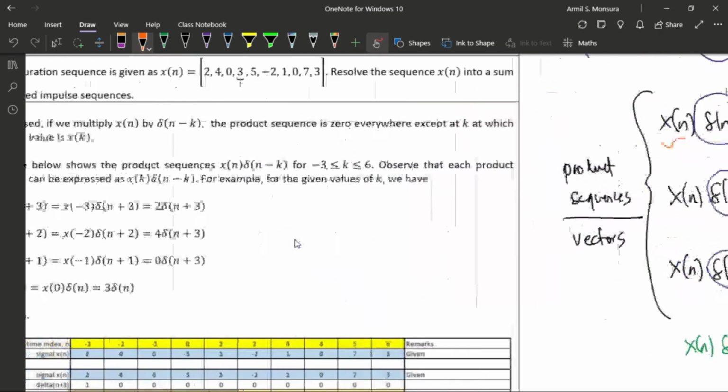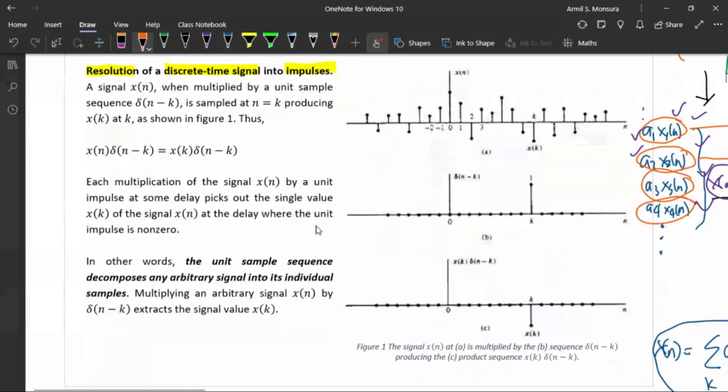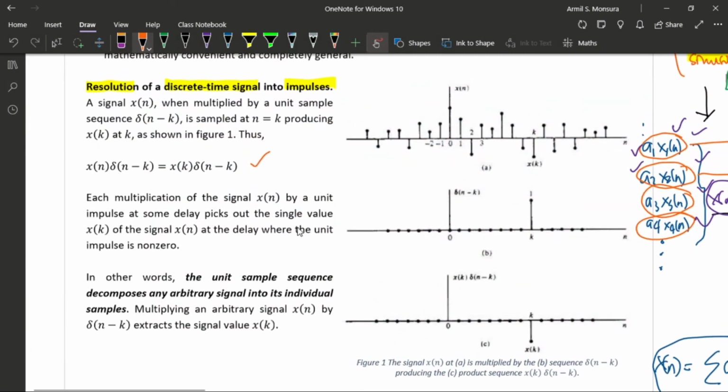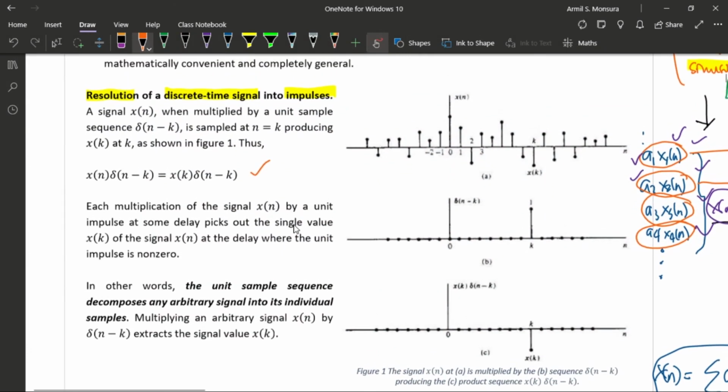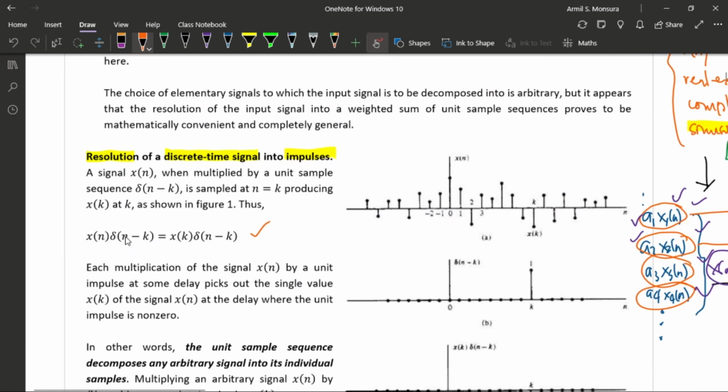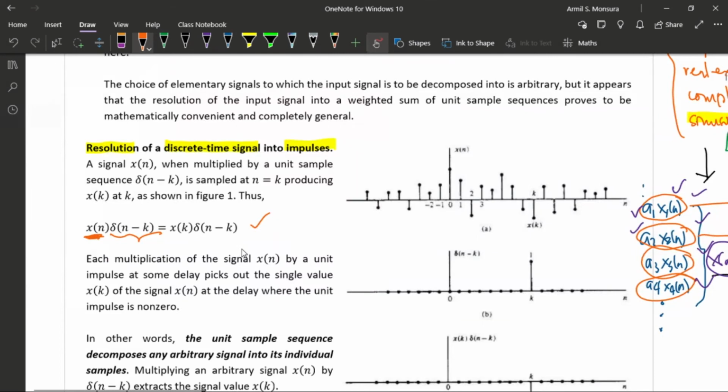Okay? So, ito yun, yung sinasabi natin. If we multiply the arbitrary sequence xn with a delayed version of your delta n, what is produced is the product sequence of x of k times delta n minus k.